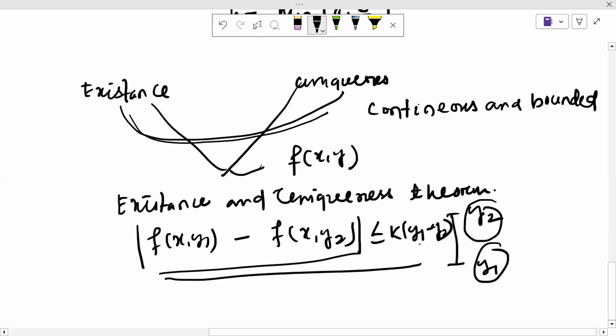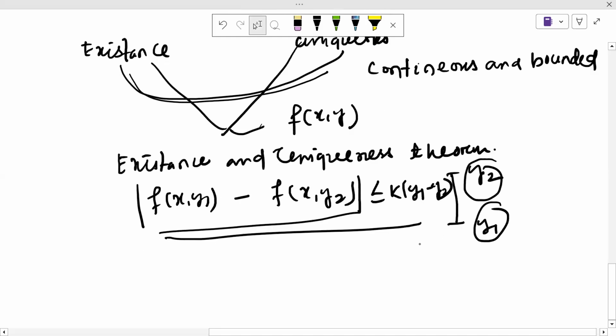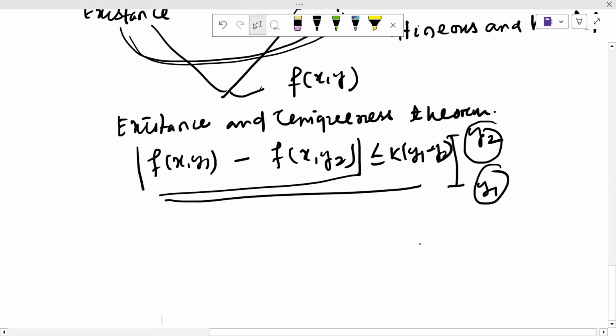This statement implies the Lipschitz condition. When the question asks you to define the Lipschitz condition, just define these two terms. f(x, y) is a function which is continuous and bounded on the region modulus of x minus x0 less than or equal to a, and modulus of y minus y0 less than or equal to b.